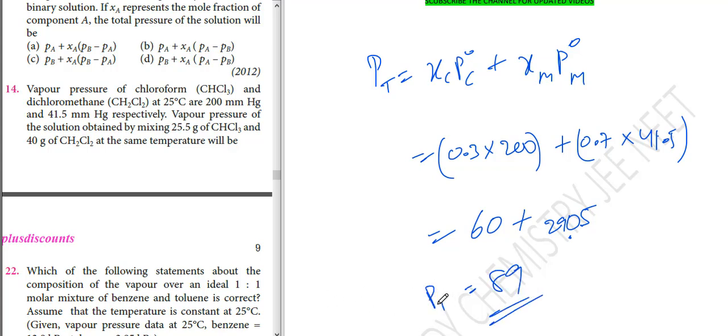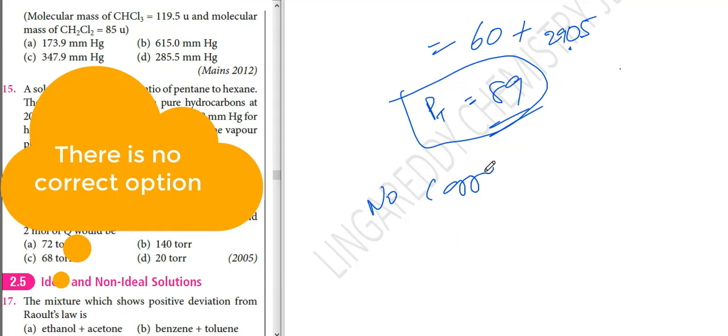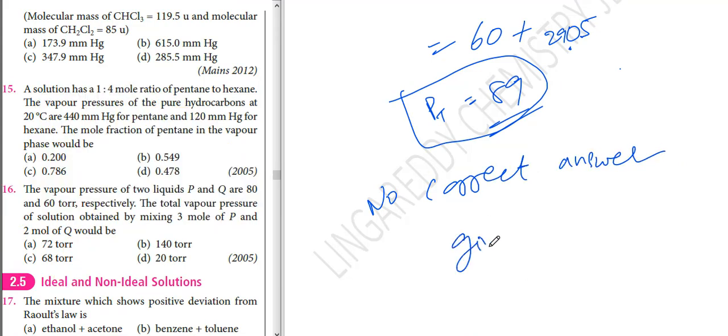So P total we are getting is 89. Once we see the options, the correct answer is given, and our answer is correct.